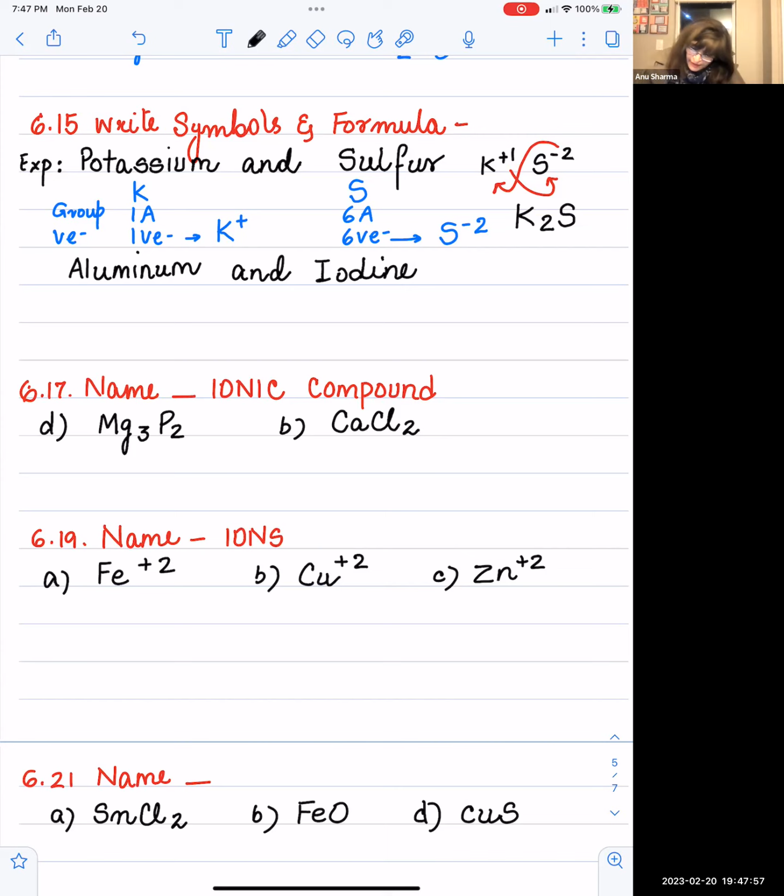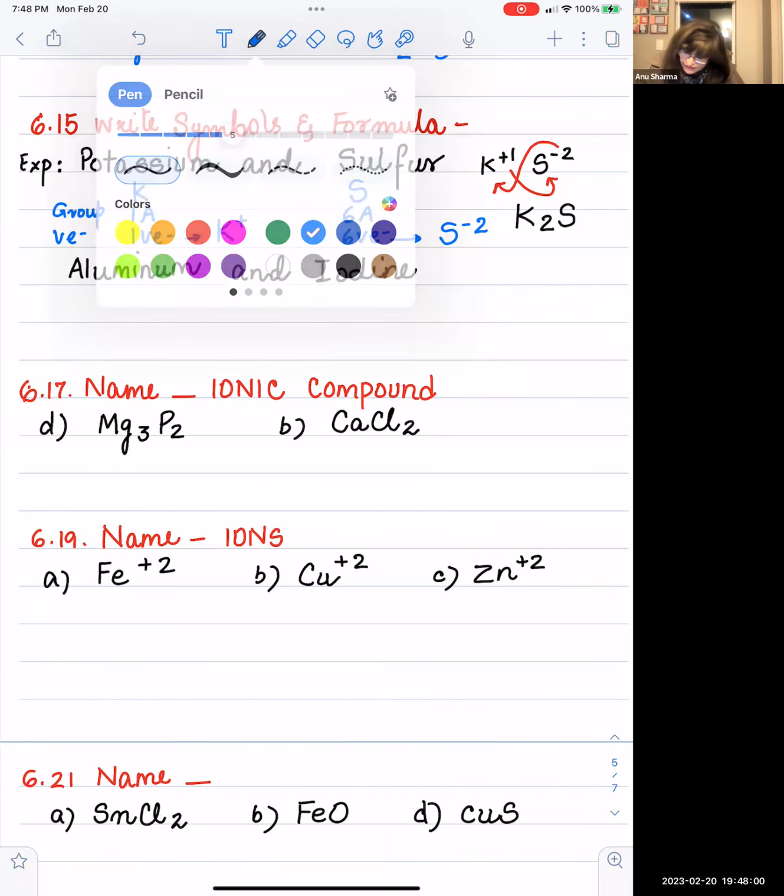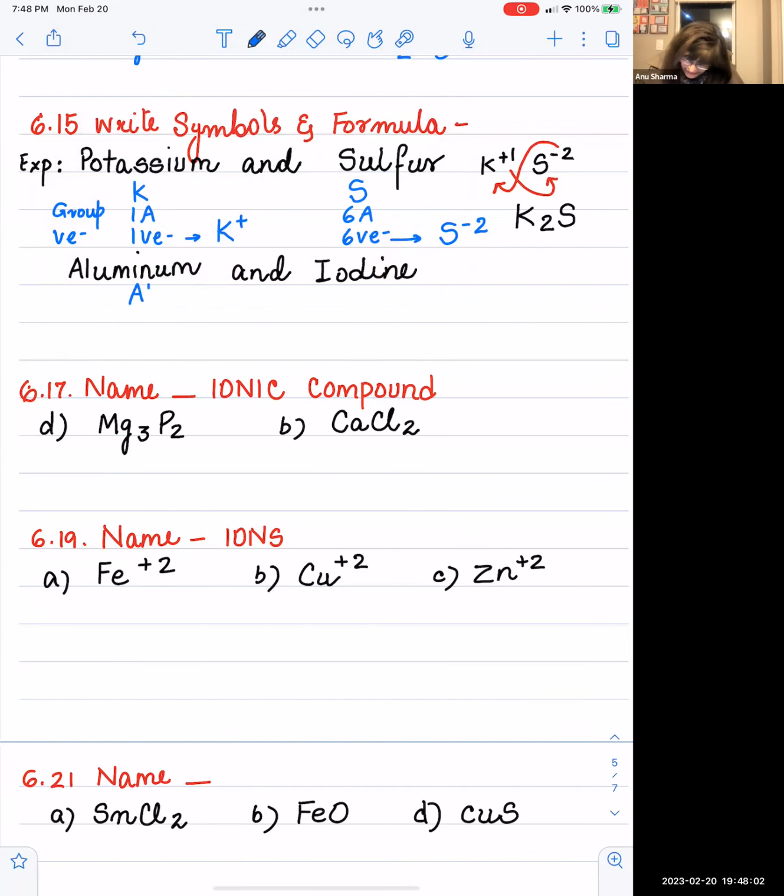Okay, aluminum and iodine, same story. Write down the symbol for aluminum. The aluminum symbol is Al. The iodine symbol is I. Write down the group numbers, the valence electrons, and based on that, the charge. Aluminum belongs to 3A, iodine belongs to group 7A, right? 3A, how many valence electrons? 3 valence electrons, so it is going to form +3 charge.